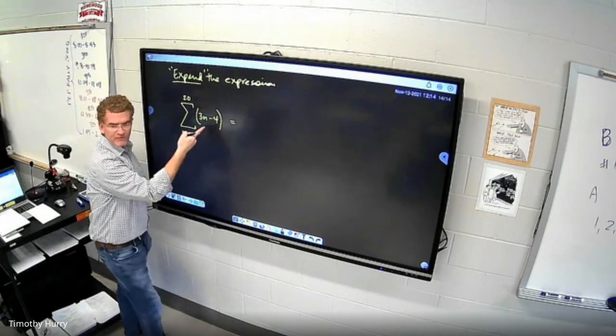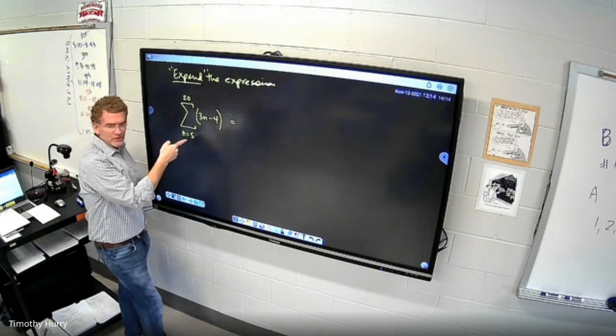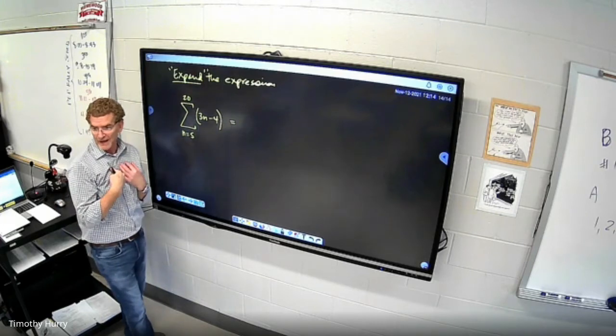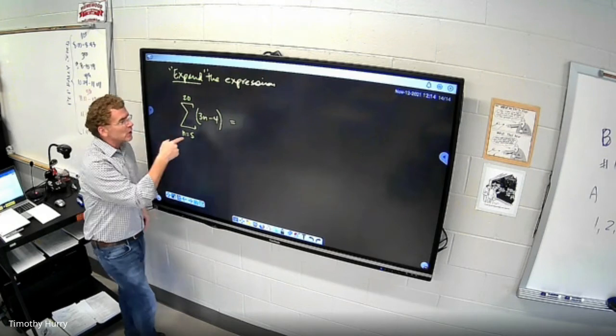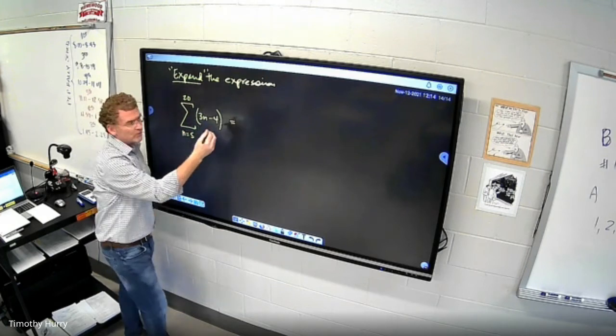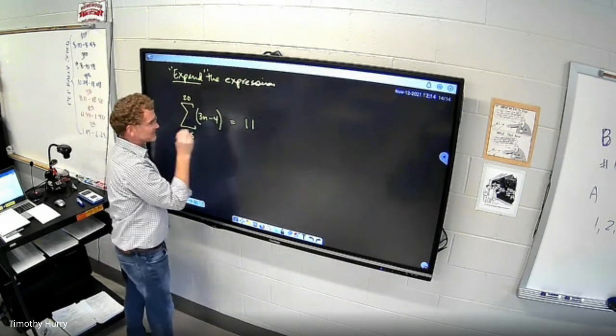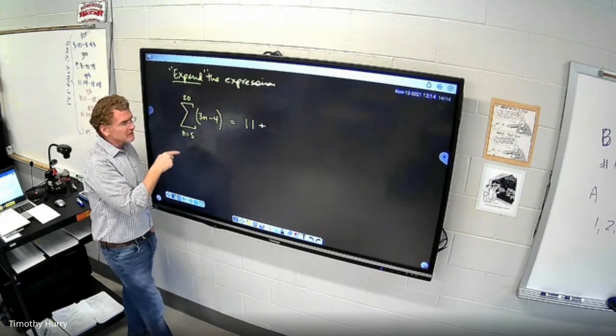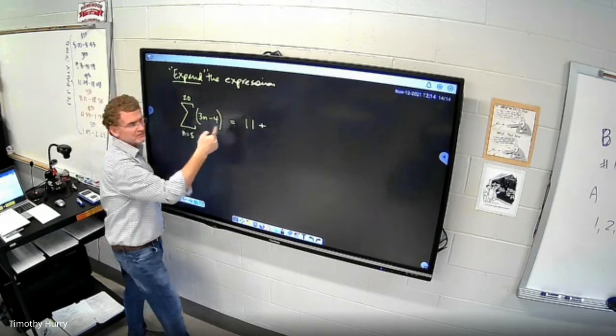Well, that's the formula. So if I start with the 5th place, which is our initial term, I guess we're skipping the first 4. Plug a 5 in, and I get 15 minus 4, which is 11. Sigma means sum. Then you go to the next place, plug a 6 in, you get 18 minus 4 is 14.